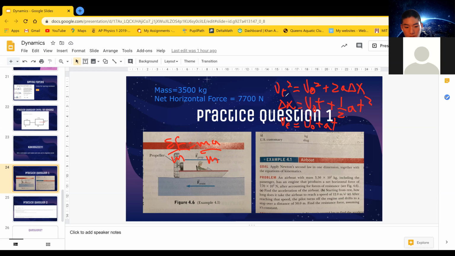If an object moves 10 meters, it displaces by 10 meters, that's your delta x. Be very careful, delta x is not distance, because an object could go 10 meters forward and 10 meters backwards, and the distance will be 20 meters, but the total displacement would actually be 0. So be careful of that.